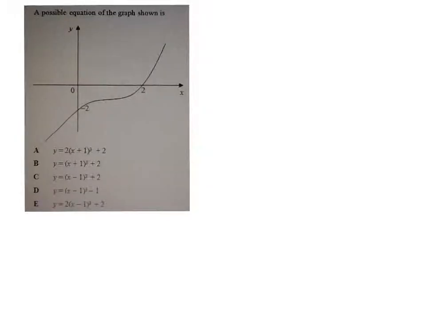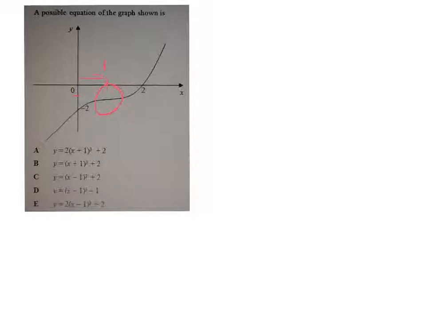Okay, this is another one where we're looking at a possible equation of a graph. So this one is going to be in the shape of a cubic, and we have a point of inflection in here. And this would be represented by positive 1, and looks like it's been shifted down by roughly negative 1.